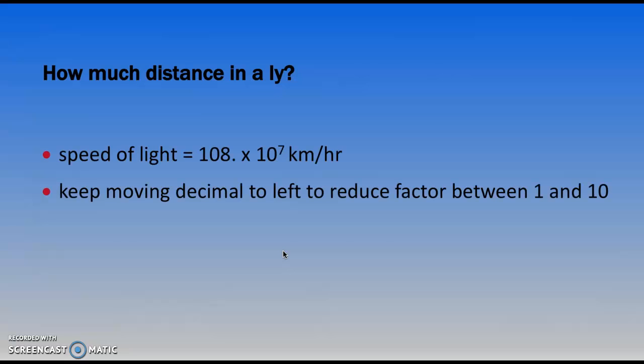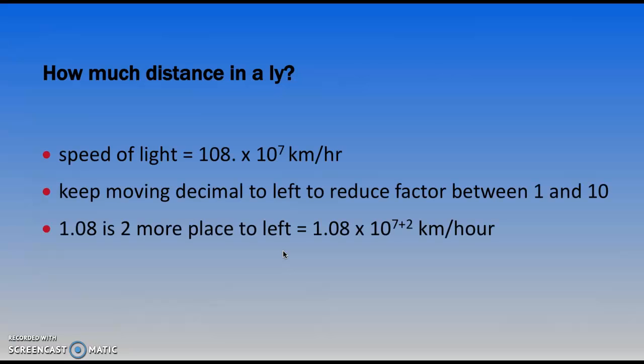Okay, 1.08 times 10, 7 plus 2, because we moved over 2 more places, means that it is 1.08 times 10 to the 9th kilometers per hour. Okay, that's all very fine and good. We made it simpler for kilometers per hour, but that's going to get us to light years and distance in light years, but we're going to get there.